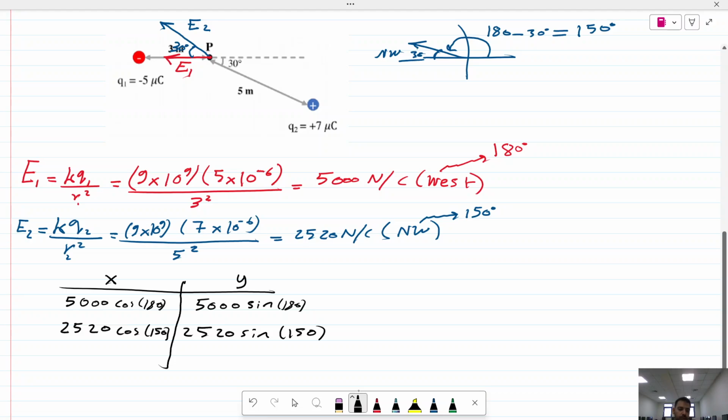We add the x components, we add the y components, and finally we get x total and y total.